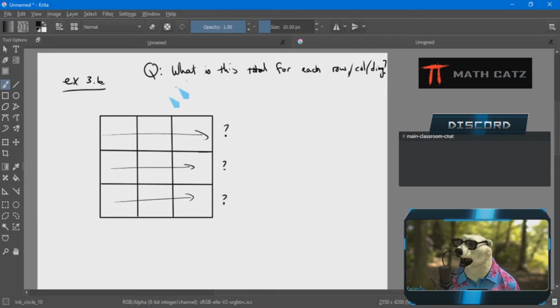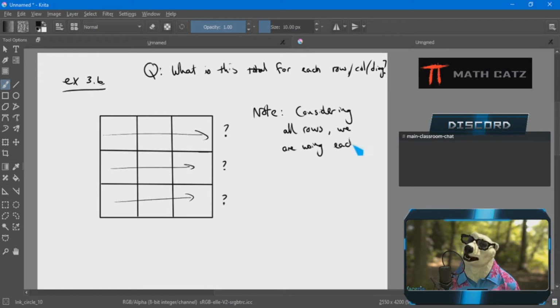Okay. Now, I don't know where the numbers go, but let's notice something. Considering all the rows, my writing is terrible today. Considering all the rows, we are, let's say, using each number, 1 to 9.